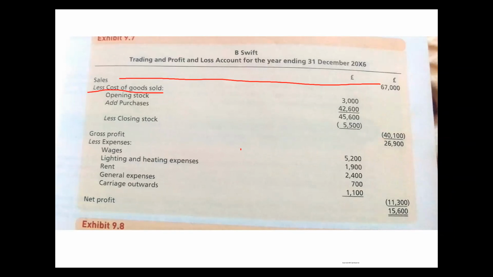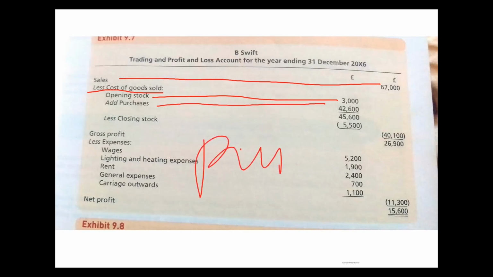Under the cost of goods, you start with the opening stock. Then to the opening stock, you add the purchases. To the purchases, if you have the returns outward, or purchases return, you should subtract. But since we don't have that in this context, you will not do that.